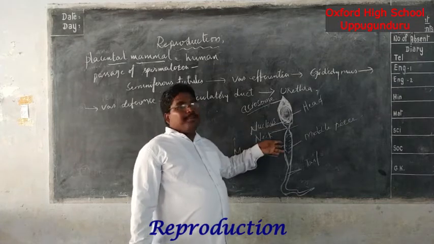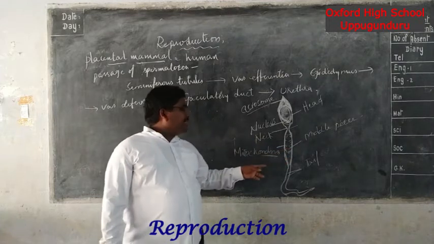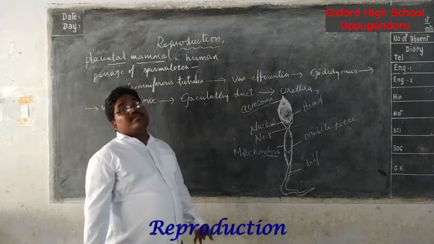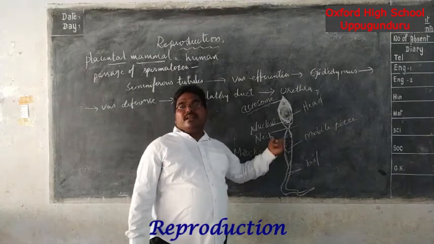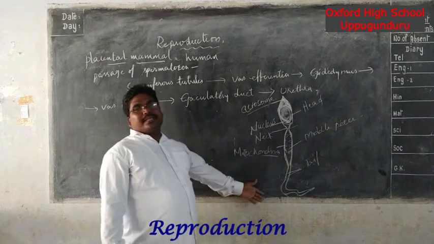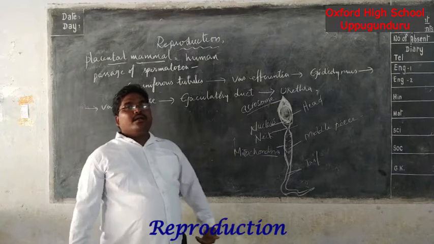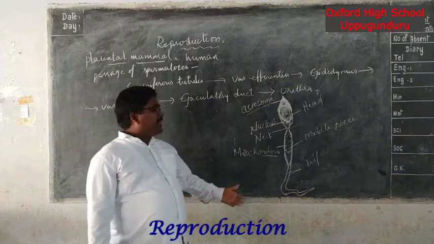The head and middle piece are attached to each other by the neck. The middle piece contains the mitochondria. Mitochondria we all know very well: the powerhouses of the cell. So the mitochondria provide energy for the movement of the sperm. The tail is also present. Propel means movement. That type of movement propels the sperm.